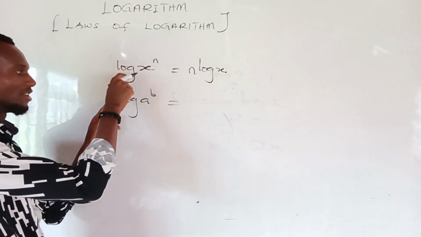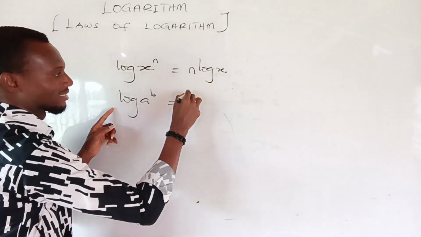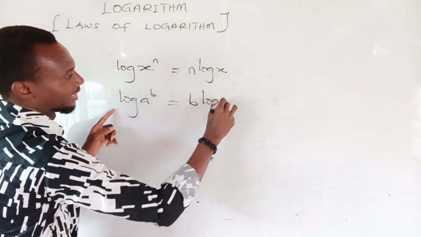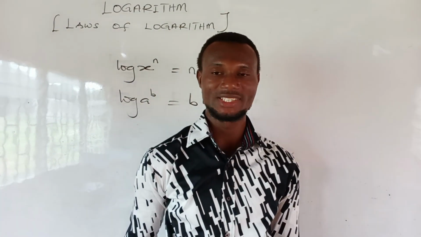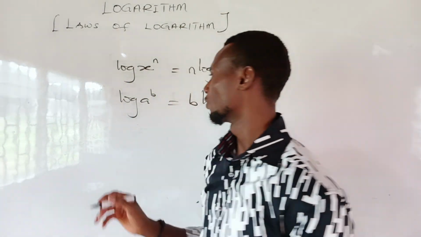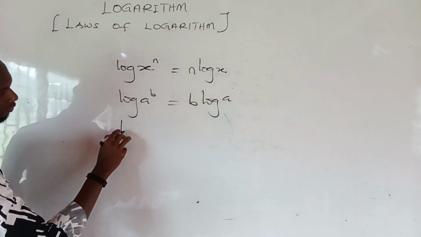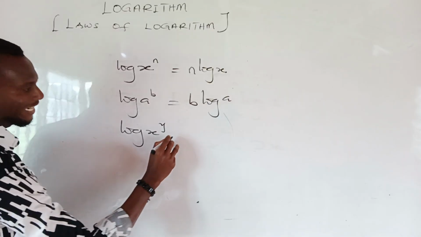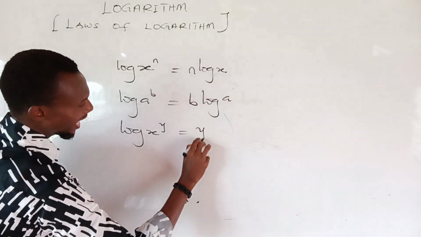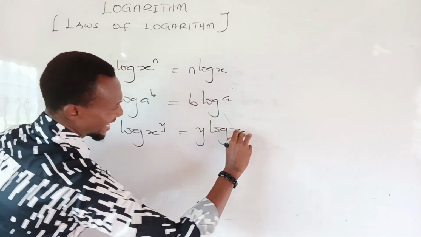So it will come in front of the log, and I can write it as b log a. That's all that we are saying. I hope you understand. So if I have log s to the power y, I can also write it as y log s.